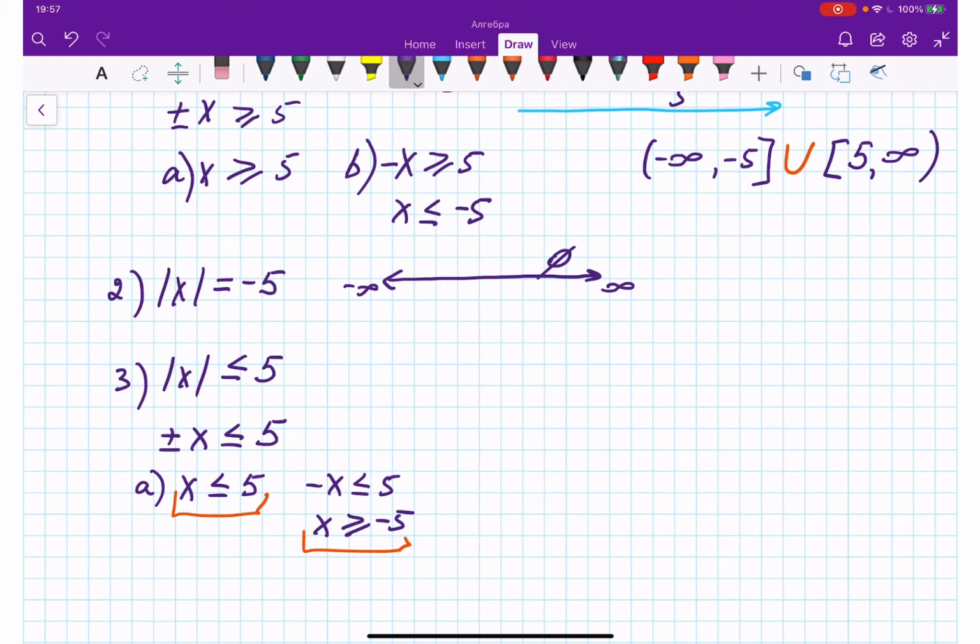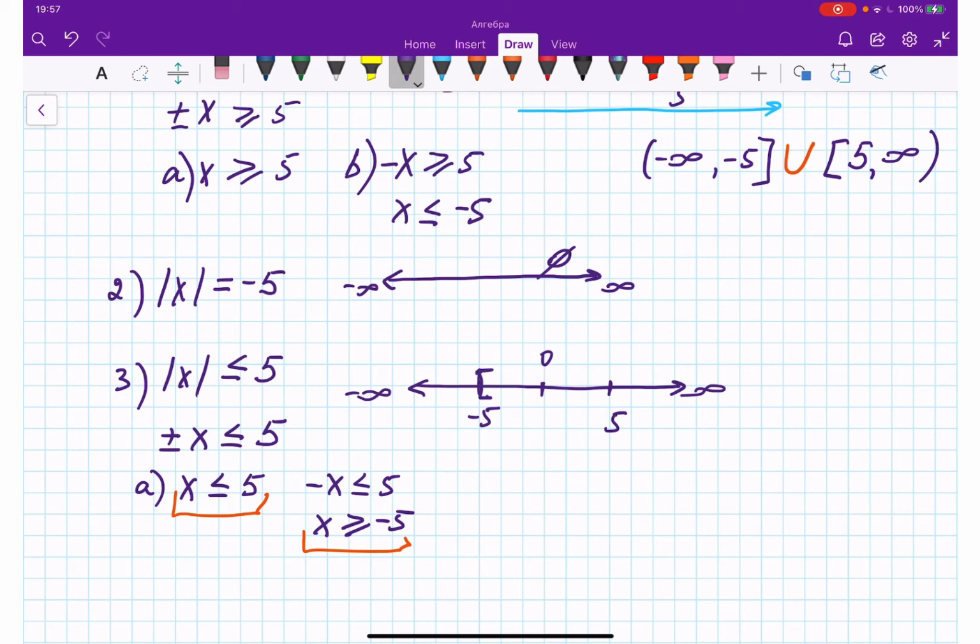Let's put on the graph. Negative infinity, this is positive infinity. Okay, let's say this is our 0. This is negative 5. This is 1, 2, 3, 1, 2, 3. This is positive 5. What do we have? Less equal 5, greater equal negative 5, which means they are going to look into each other, right?